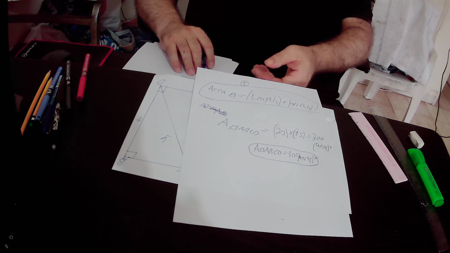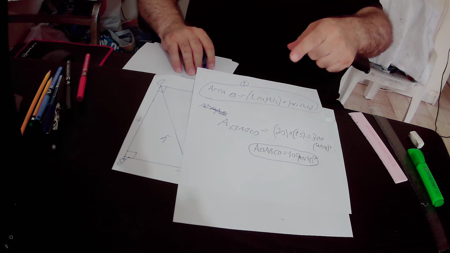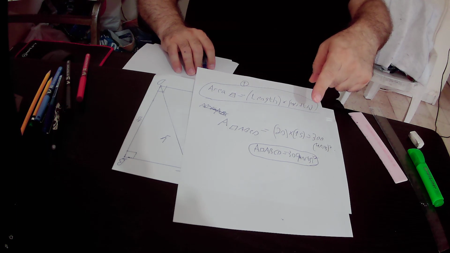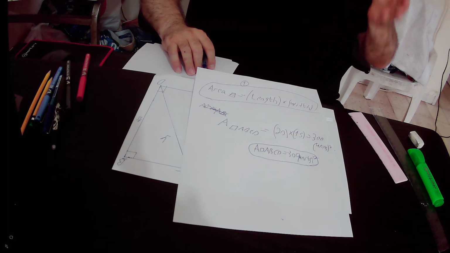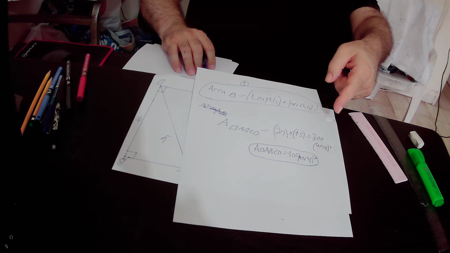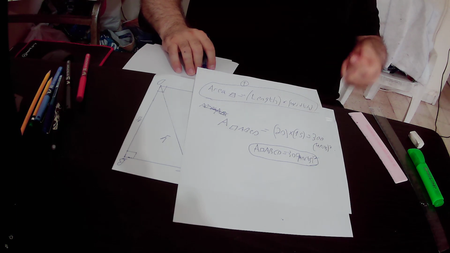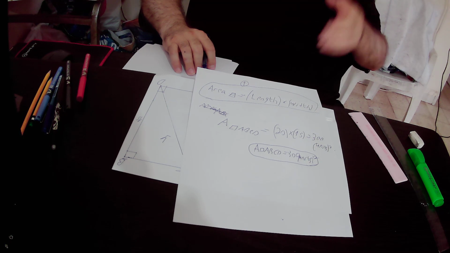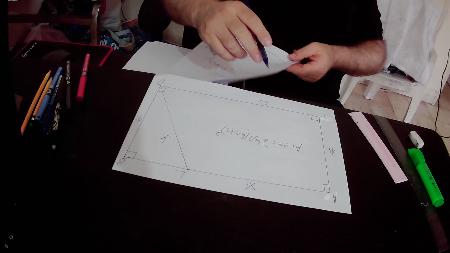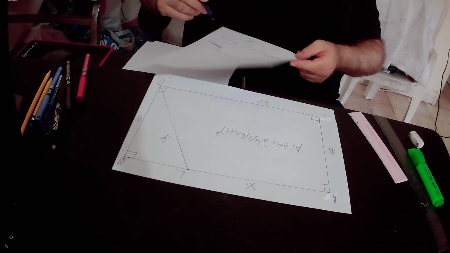So the area of rectangle ABCD equals the length of the rectangle, that is 20 units, times the width of the rectangle, that is 15 units. So 20 times 15 equals 3 units squared. So the area of rectangle ABCD equals 300 units squared. I made a mistake.